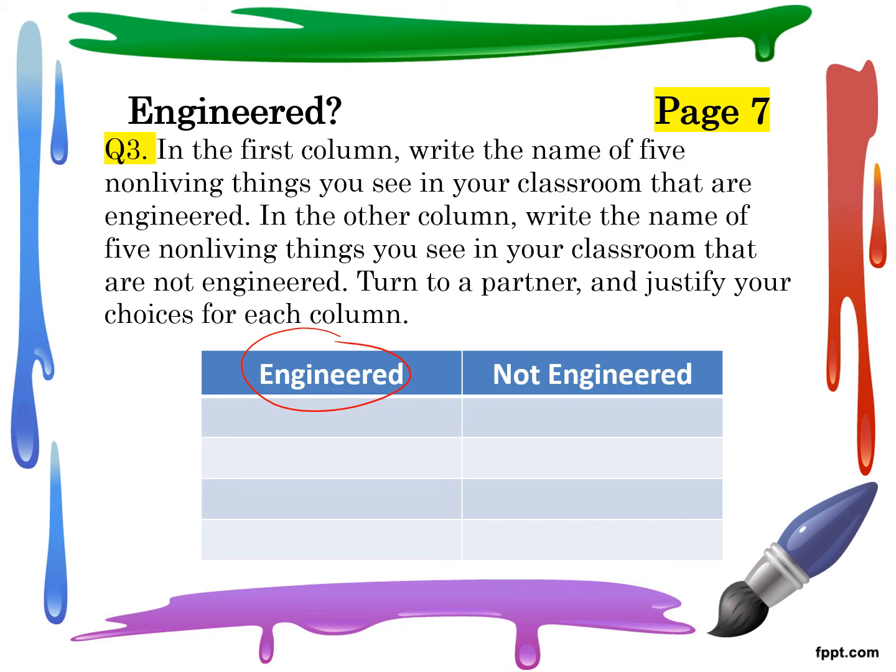And then in the other column, you're going to write the things that are not engineered, which is the opposite of engineered. I can give you an example of engineered: pencil. Actually, you can write a lot of things in the engineered column. And then in not engineered, I can say rocks. All right, so please complete this question.